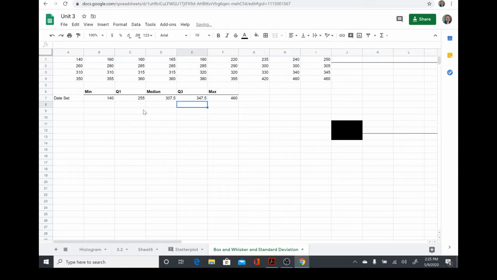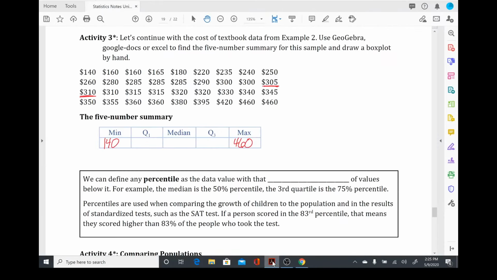All right, so let's take these numbers back on over to our work. The median was 307.5. Quartile 1 was 255, and quartile 3 was 347.5. Now let's make a scale. I'm going to go on up to 500.